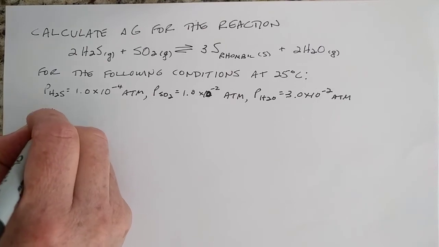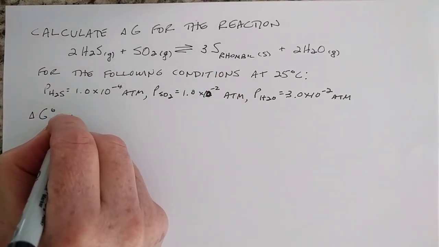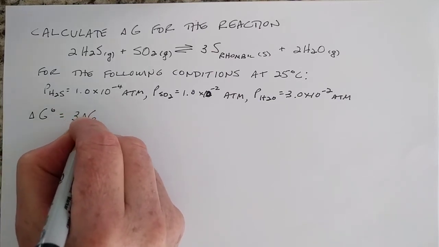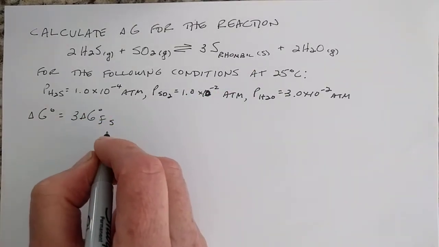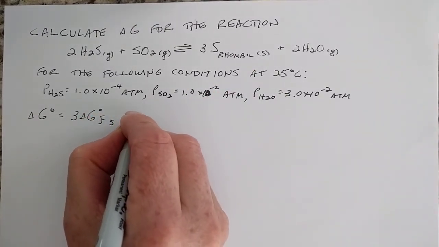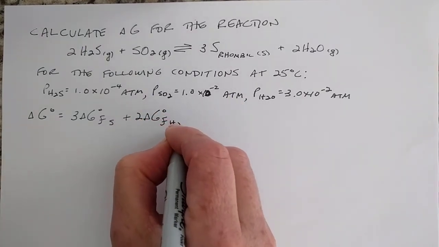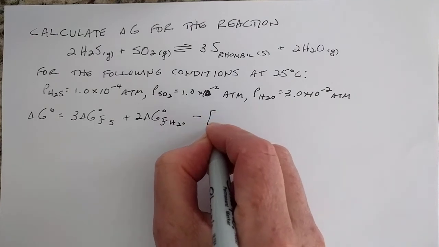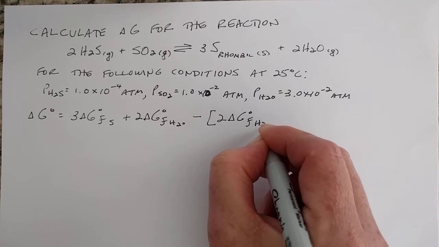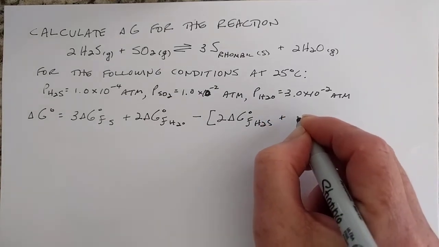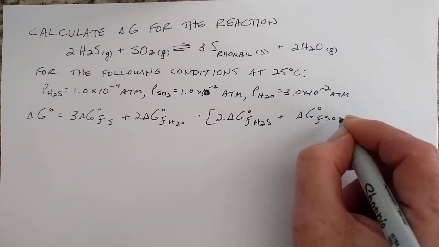So delta G0 is equal to the number of moles, so 3 times the delta G0 formation of solid sulfur in the rhombic state, plus 2 times the delta G0 formation of H2O gas, minus 2 times the delta G0 formation of H2S gas, plus 1 times the delta G0 formation of SO2 gas.